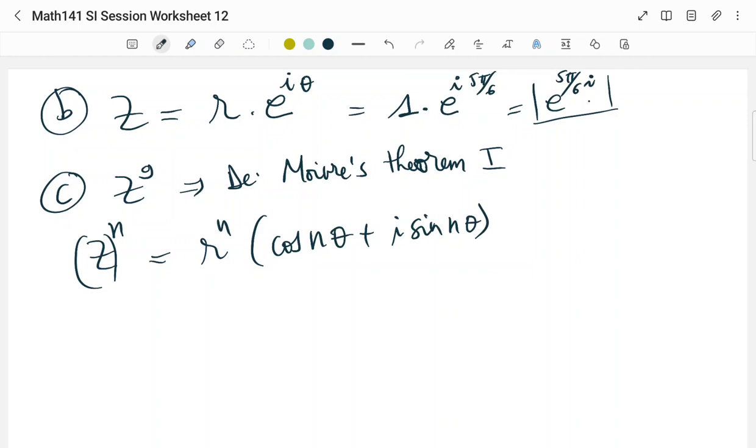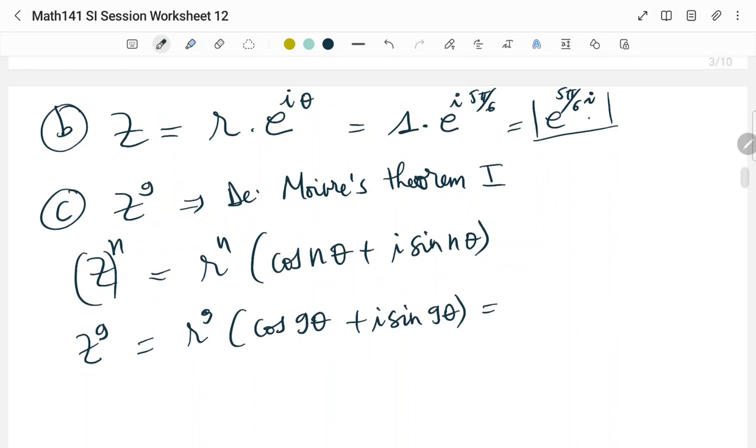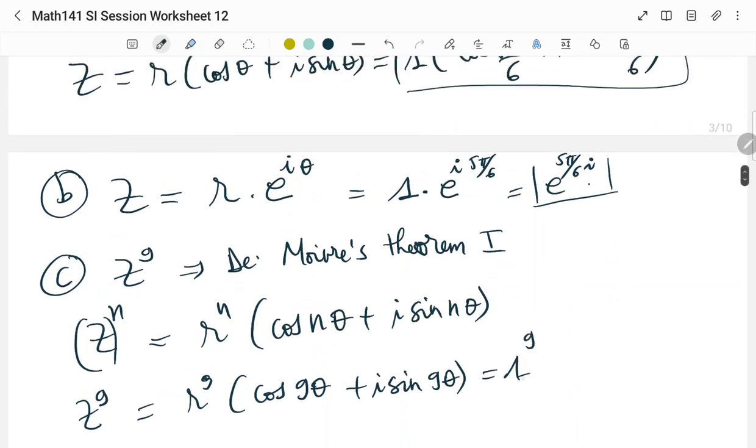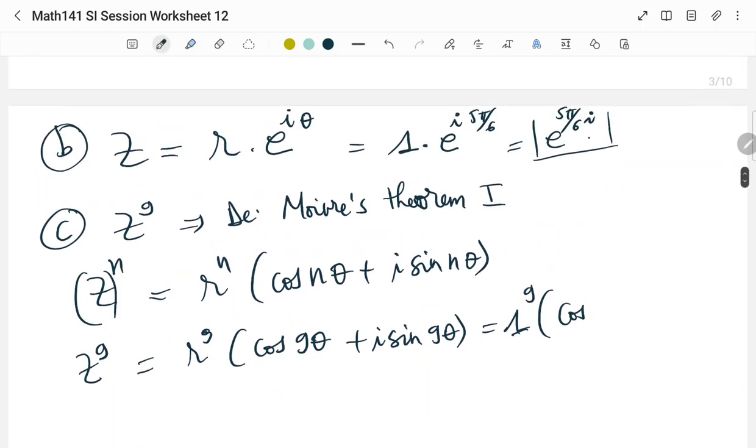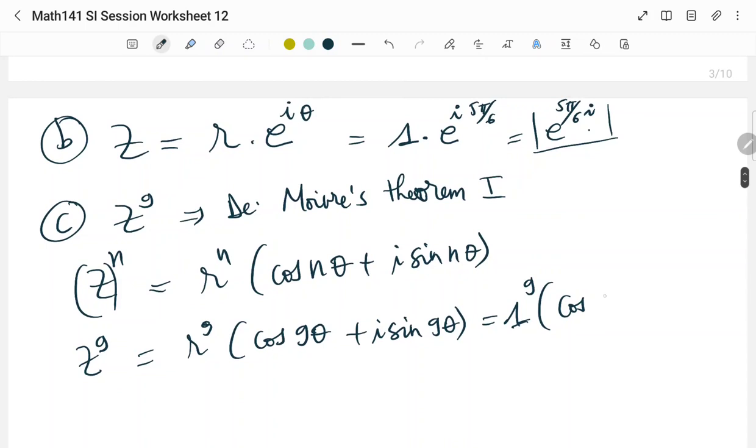Meaning that our z to the 9 will just be r to the 9 multiplied into cos of 9 theta plus i sine of 9 theta, which is equal to, our r is 1, so 1 to the 9 multiplied into cos of 9 times 5 pi over 6 plus i sine of 9 times 5 pi over 6.